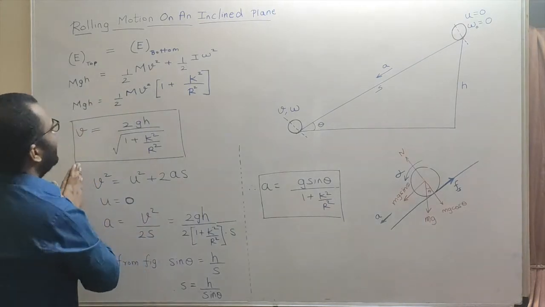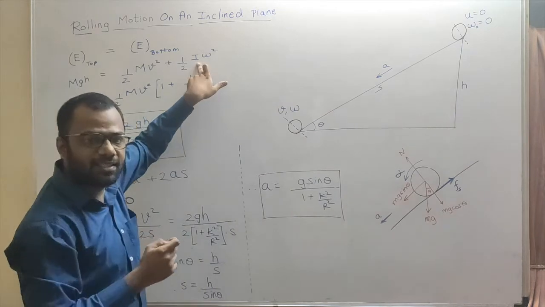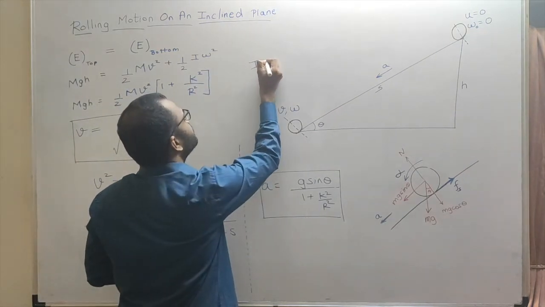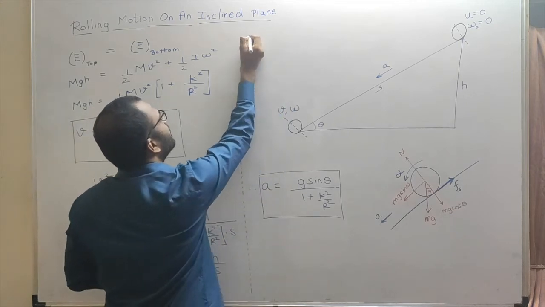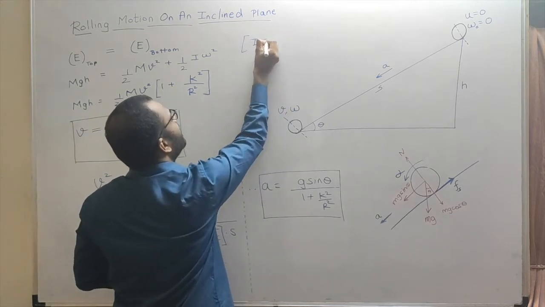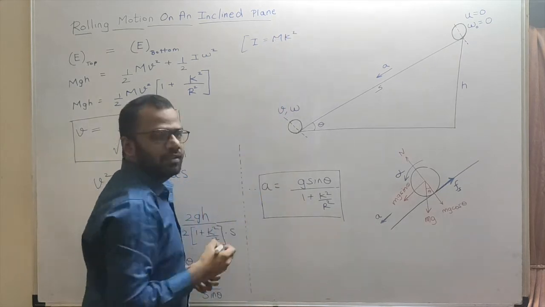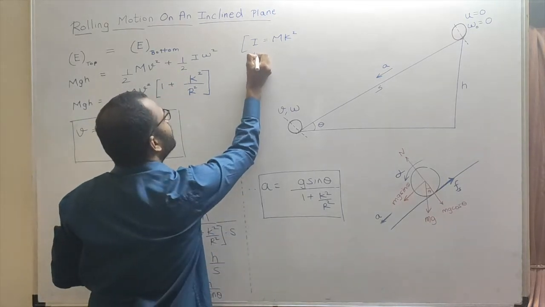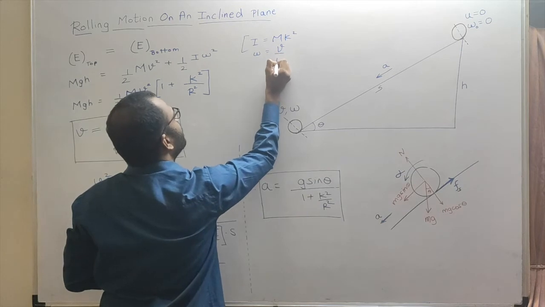So I will just solve it further. What is I? I can be written as mk square, that we have studied, where k is the radius of gyration. Now omega will be what?